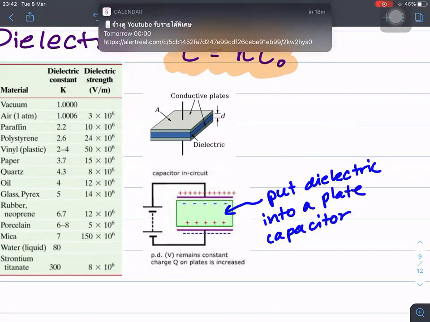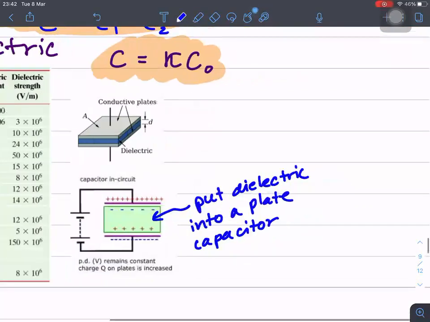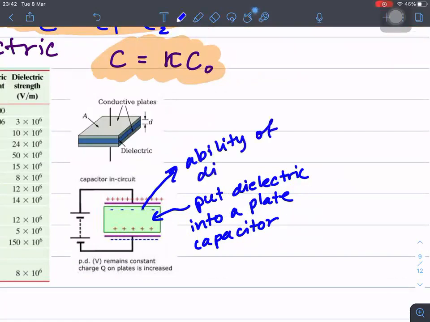So just note what happens: it would be the ability of the dielectric to adjust the opposite charge.